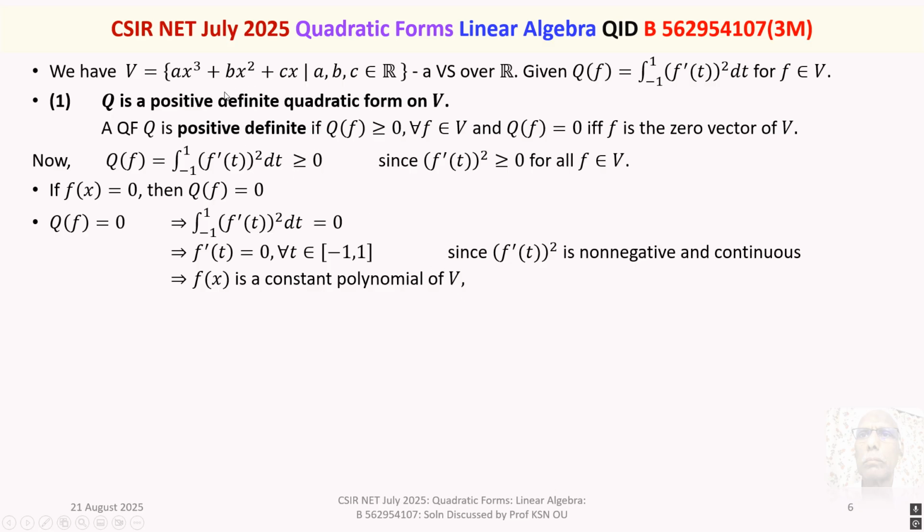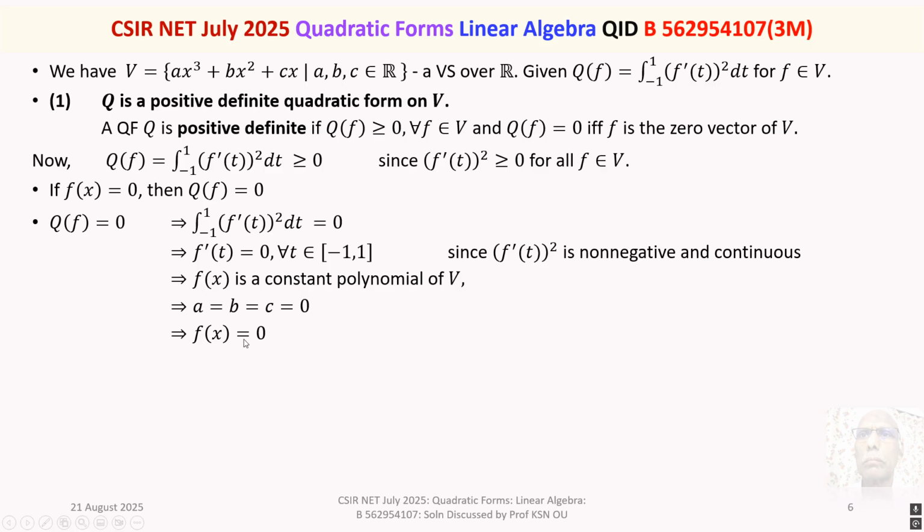Who is the constant polynomial in V? Let us see. A constant polynomial would need a d term, but it is not there. For a constant polynomial, the coefficient of x cubed, the coefficient of x squared, and the coefficient of x must be 0. So a is equal to b is equal to c is equal to 0. But there is no d term.